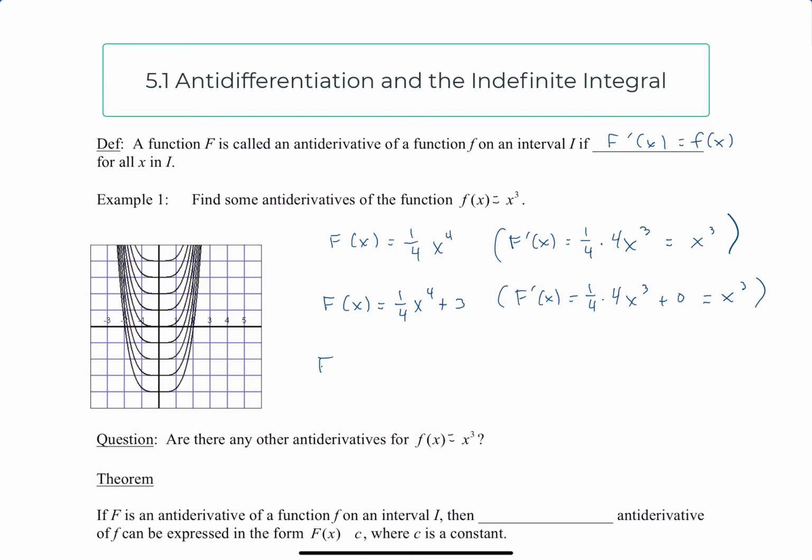Let me point out one more. How about f of x equals 1/4 x to the fourth minus 5? Is that an antiderivative for x cubed? Let's see. If I differentiate this function, I get 1/4 times 4x cubed, and then the derivative of negative 5 is 0. So yeah, again, I get x cubed.